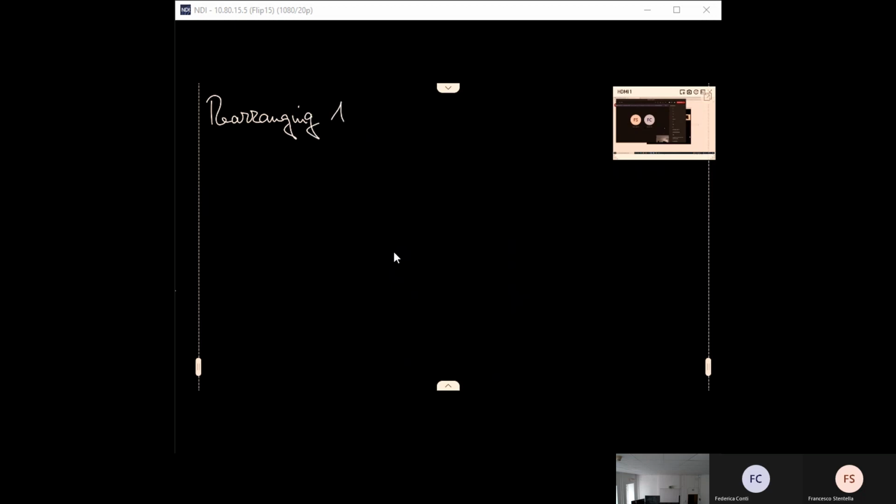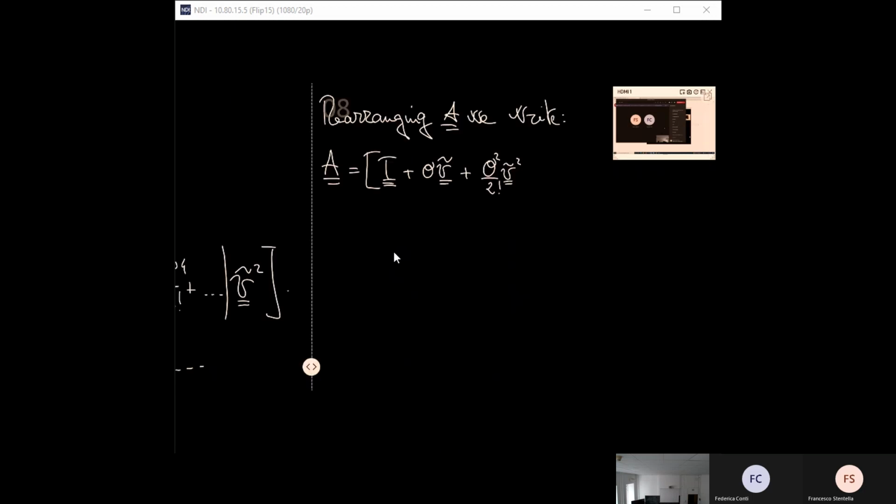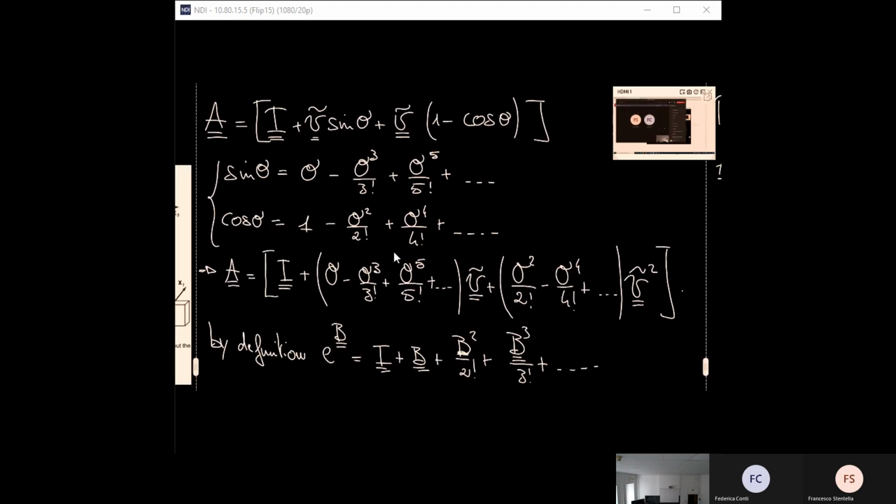So rearranging A, we write A is exactly I plus theta scalar applied over V tilde, plus what? Theta squared divided by 2 factorial applied over V tilde squared. What I'm doing here is just rearranging these terms here, which I have written here. I'm just reordering them.